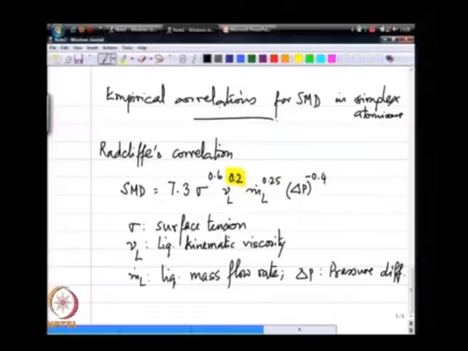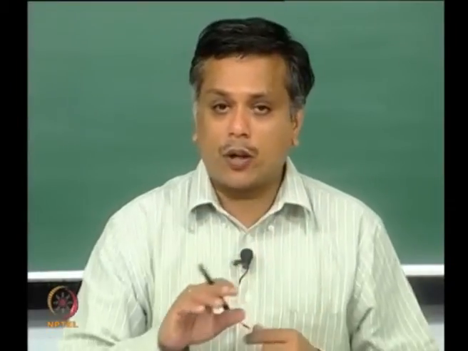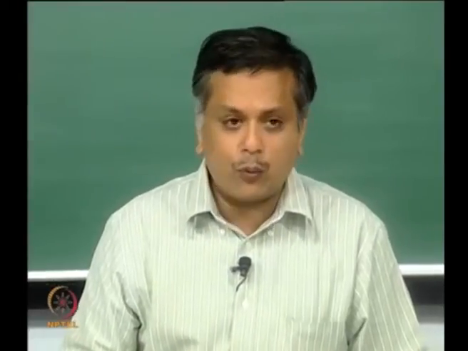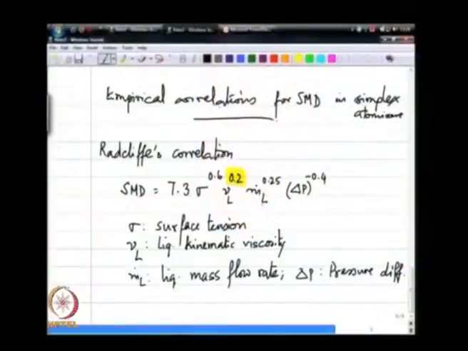So, really speaking, this is supposed to be valid over a large range of atomizers that go beyond just a single atomizer, but if I were to apply this over one single atomizer, I have to figure out how delta P is related to m dot L, and that is usually done using the Jones correlation using CD, where you can relate the volume flow rate to the square root of delta P, and that gives us some way to relate all these parameters.